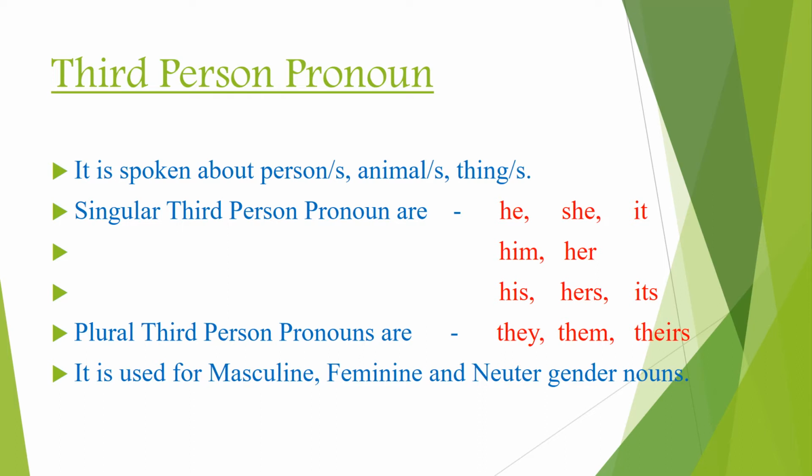These third person pronouns, the red ones highlighted, can be used for masculine, feminine, and neuter gender nouns, which means you can use all these for masculine, male nouns, feminine, female nouns, and neuter gender nouns also.